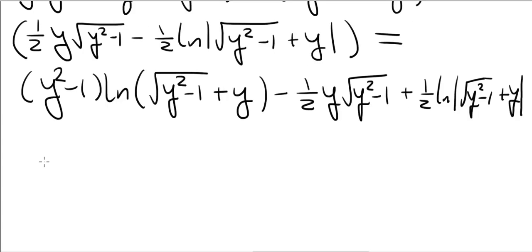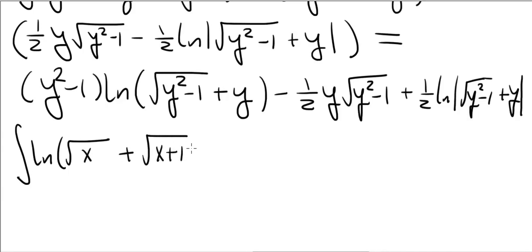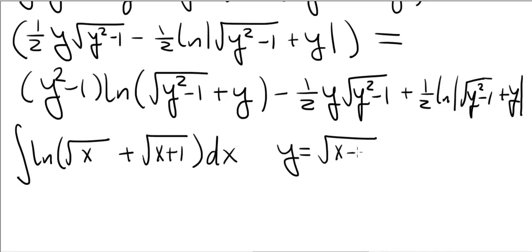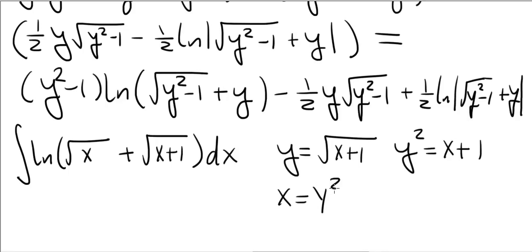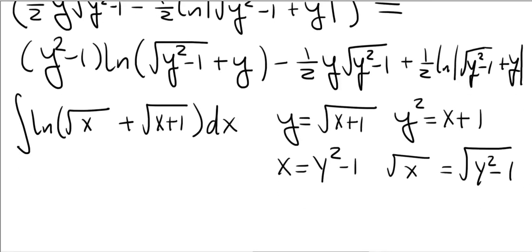Now recall, the original integral was the integral of natural log of square root of x plus square root of x plus 1 dx. We made the substitution y equals square root of x plus 1. So y squared was x plus 1 and x was y squared minus 1, and then square root of x, of course, was equal to square root of y squared minus 1. So let's go back and substitute and rewrite the final answer in variable x. So first we have y squared minus 1.